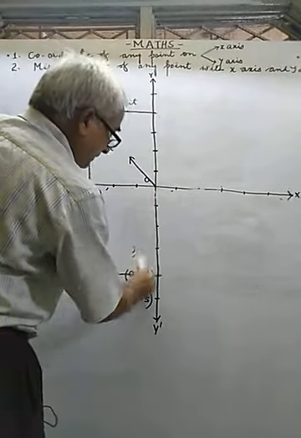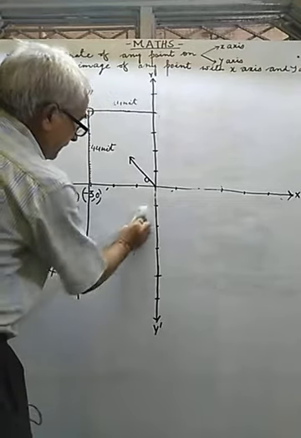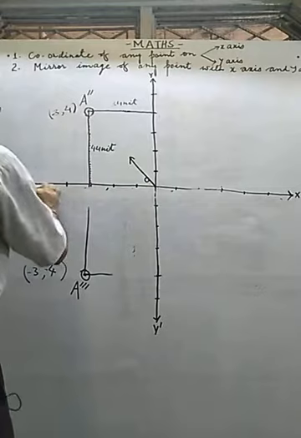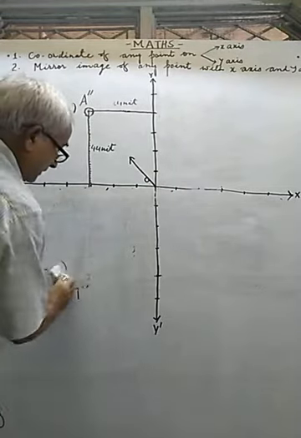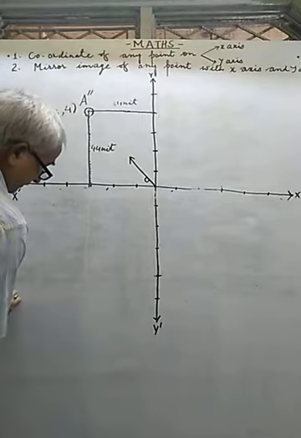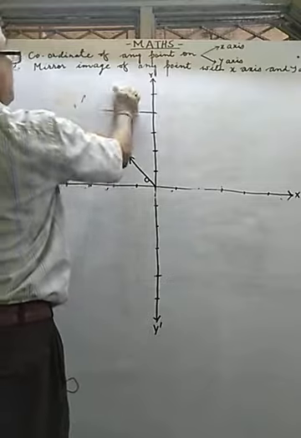So let us discuss that phenomenon and the particular area with respect to those points. Today's next discussion is based on that phenomenon, a figure closed by 3 points.